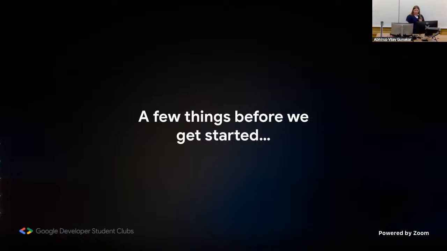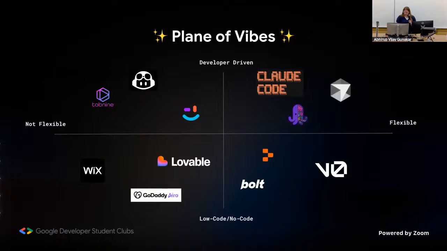A few things before we get started with the actual workshop part. How many of you can name all of these, or some of them? You can just shout it out.